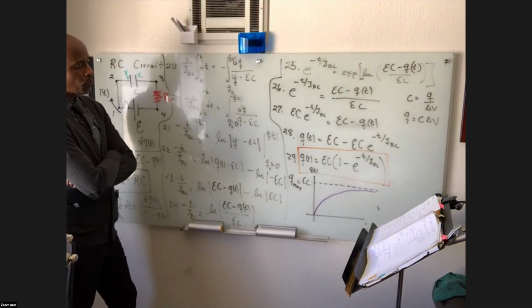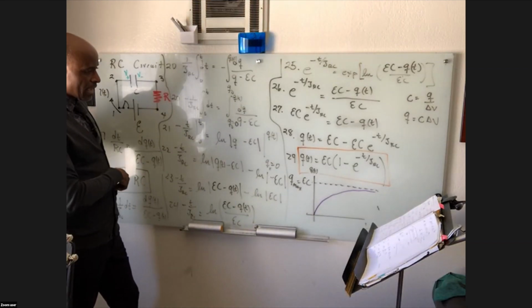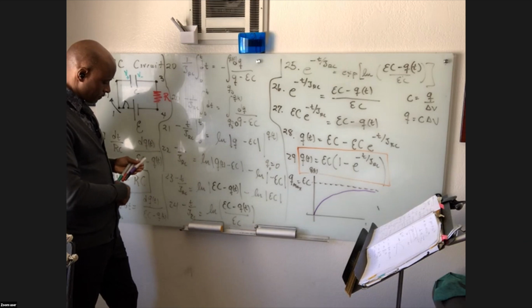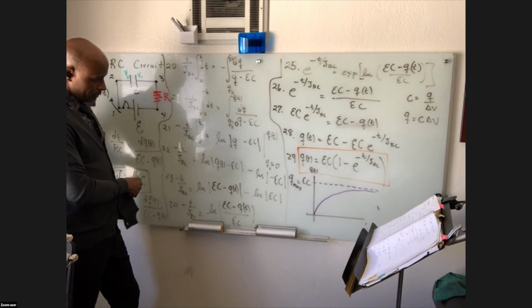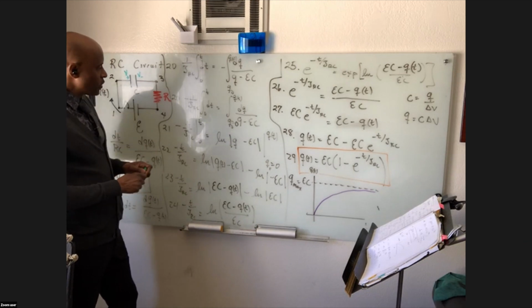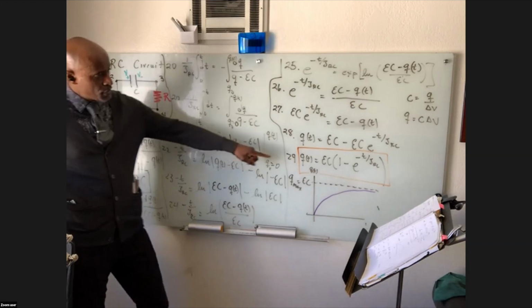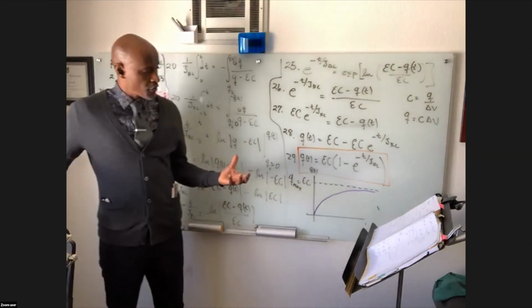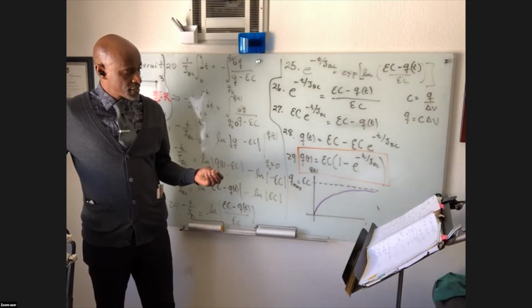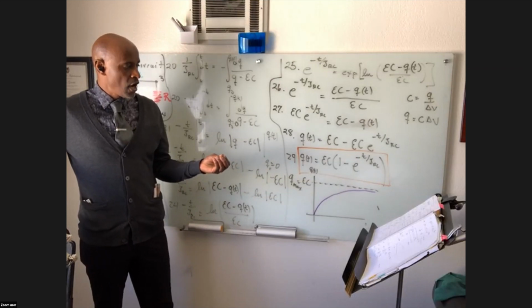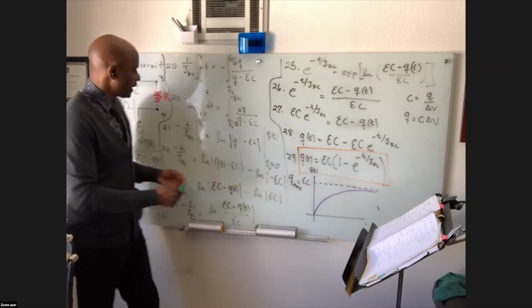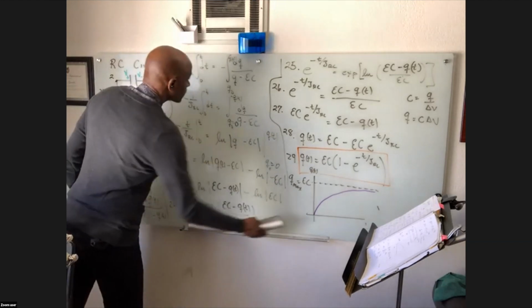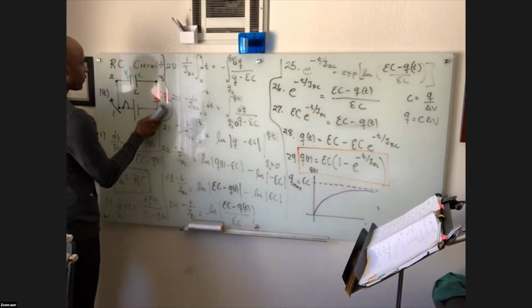So what I was about to say is, if you work through this equation and put in t equals tau RC, what is the charge on the capacitor in one time constant? Let me go ahead and erase this now.